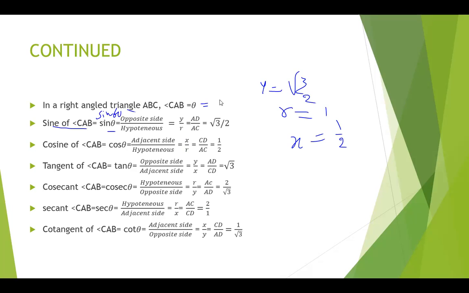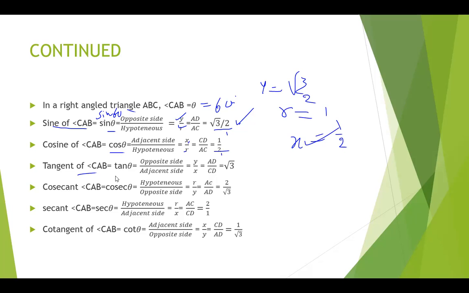CAB is 60 degrees. Opposite side divided by hypotenuse. Opposite side is root 3 by 2 divided by hypotenuse 1 means I get sine 60 is root 3 by 2. Similarly, cos theta, it is cos 60 degree. Cos is the ratio of adjacent side to hypotenuse. So x by r, adjacent side x is 1 by 2, hypotenuse is 1.